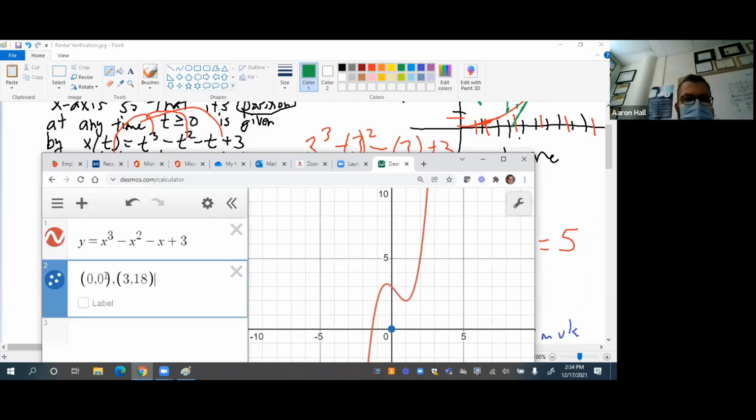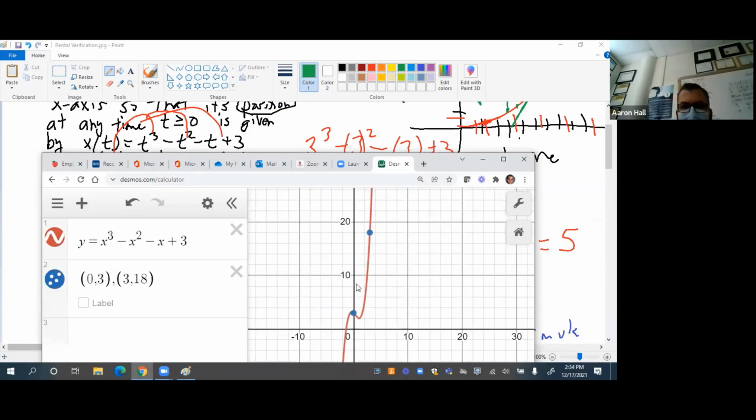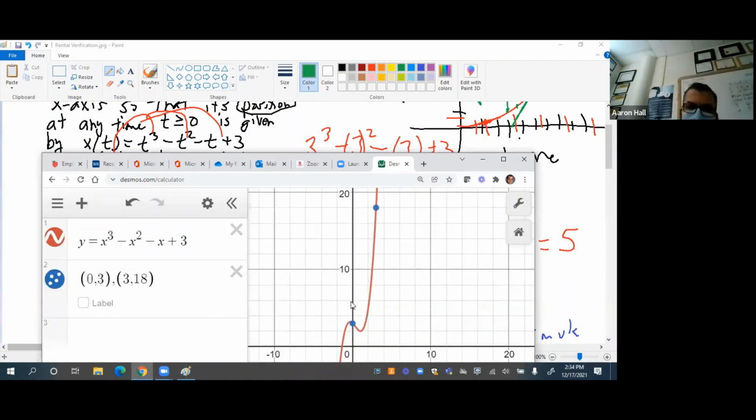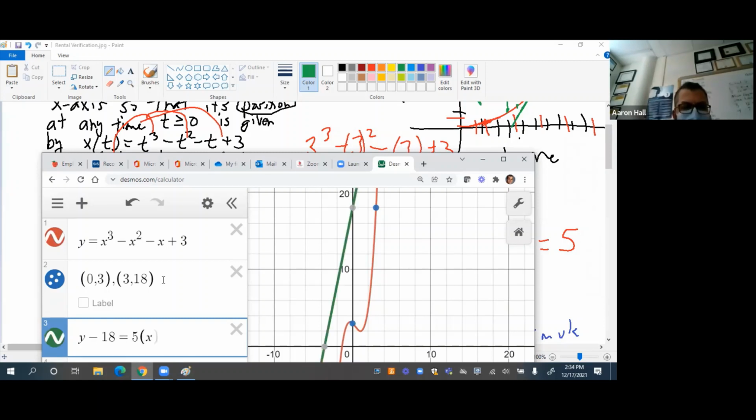Oh, it was 0, 3, right? Are those right? Okay, so the average rate of change should be through these 2 points. That would be y minus 18 equals 5, our slope was 5, times x minus 3. Does that look right to you? From here to here? That's our average rate of change, that slope.